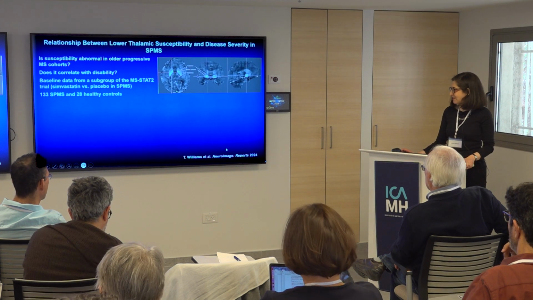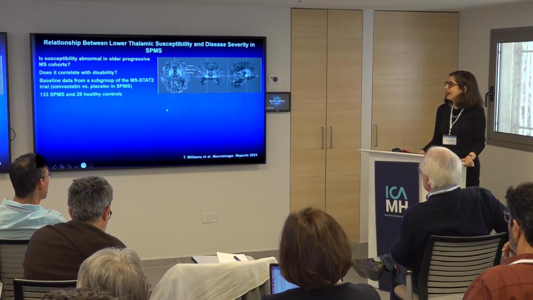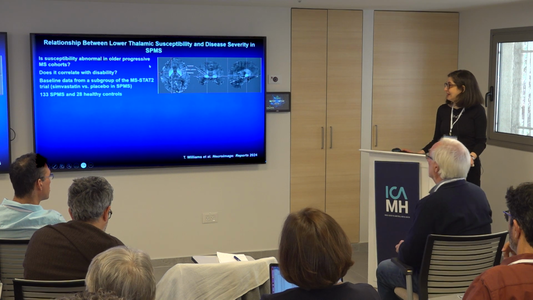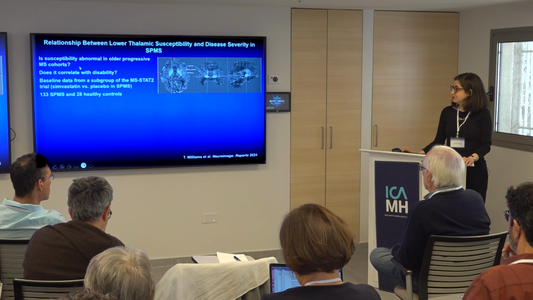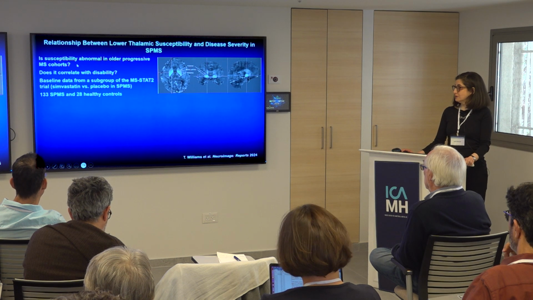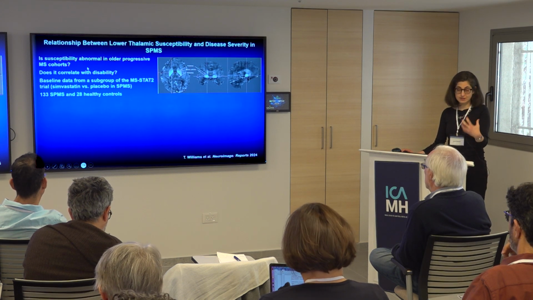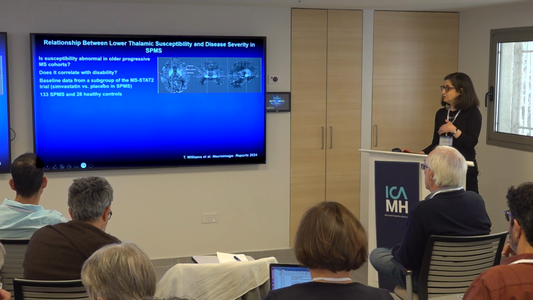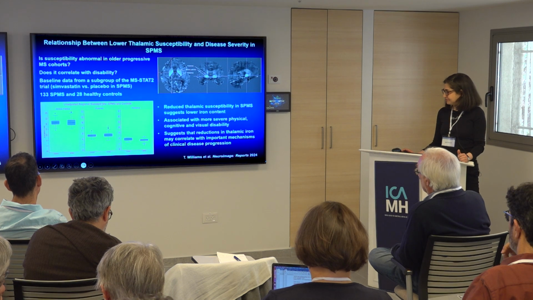A study that I was involved with at UCL was looking at lower thalamic susceptibility and disease severity in secondary progressive MS. The questions they were trying to answer were: are there abnormalities in susceptibility in an older progressive MS cohort, and does it correlate with disability? This was baseline data from a trial, so you've got the numbers here.